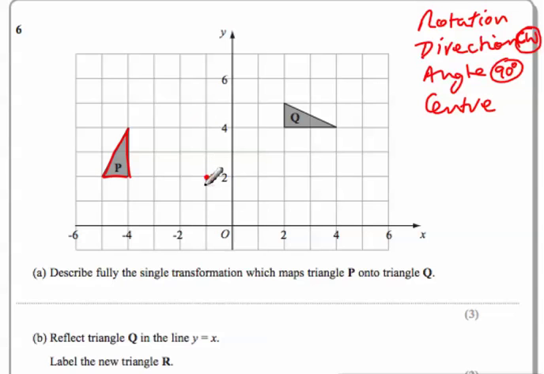It's always on the grid somewhere. It's not halfway. It's always on a point of intersection on the grid. So you look at that. You put your pencil point there, and you rotate the paper, and see if your outline that you've drawn here fits on top of this shape here. And if it does, you've solved it. If it doesn't, you'll have to try again, and it is just trial and error.